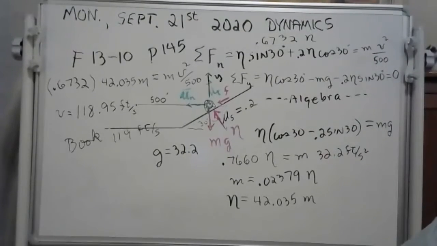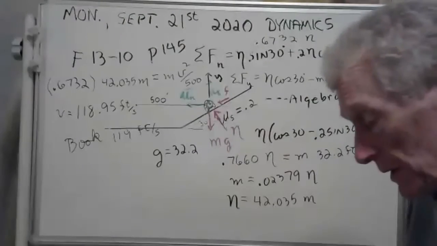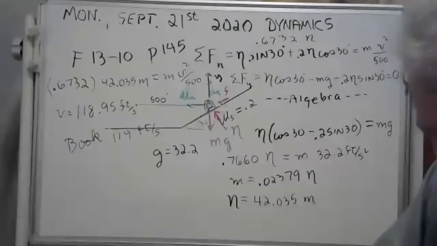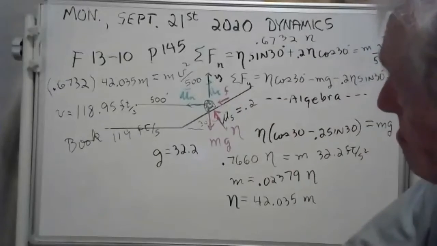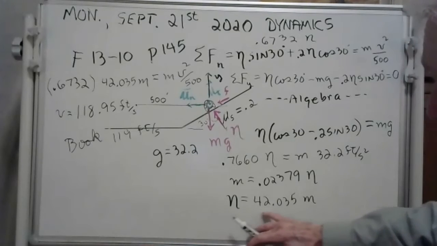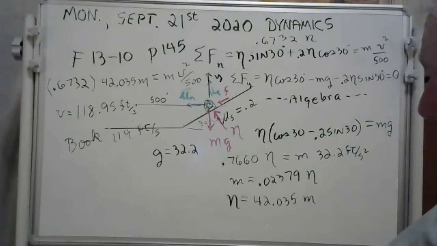Okie dokie. Well, let me show you one last thing on this problem. We never did calculate the normal. Well, you can't because you don't know the mass. We never did calculate the friction.